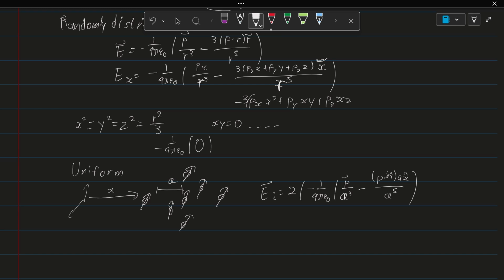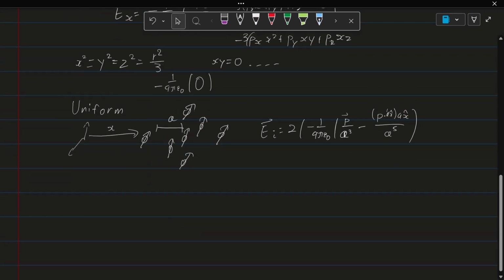But if we try to consider this, we figure out something first: you could actually just get rid of the 2 and the 4 pi epsilon 0 on the outside here. You could just bring it all outside. So it's just a summation of the vectors from each of the x, y, and z. And considering that p vector over a cubed is something, and there will be 3 of these later on, and then you subtract this by each of these.